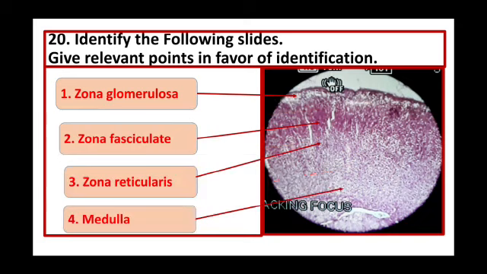So this tissue basically contains an outer cortex and inner medulla. The cortex comprises three zones, that is zona glomerulosa, zona fasciculata, and zona reticularis.